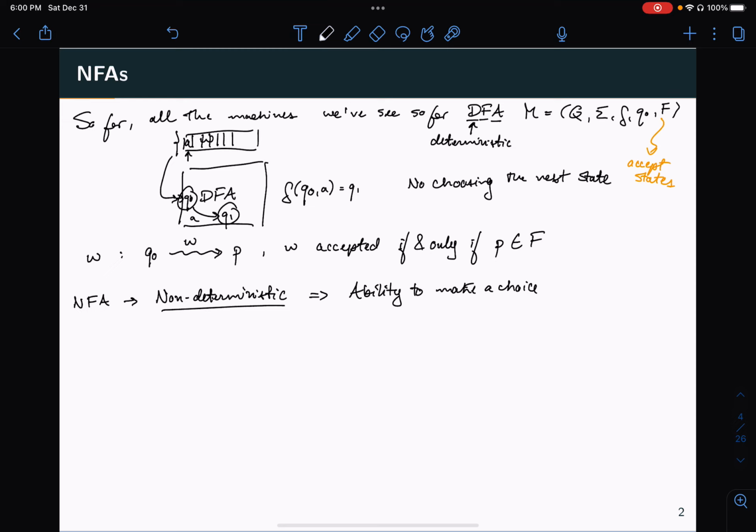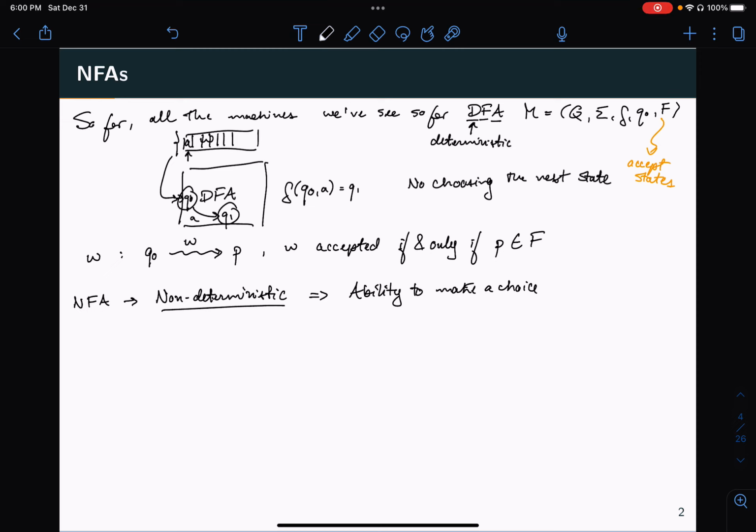It might not always have to make a choice or have the availability of making a choice, but now your machine can work even with the possibility of being able to choose, okay?